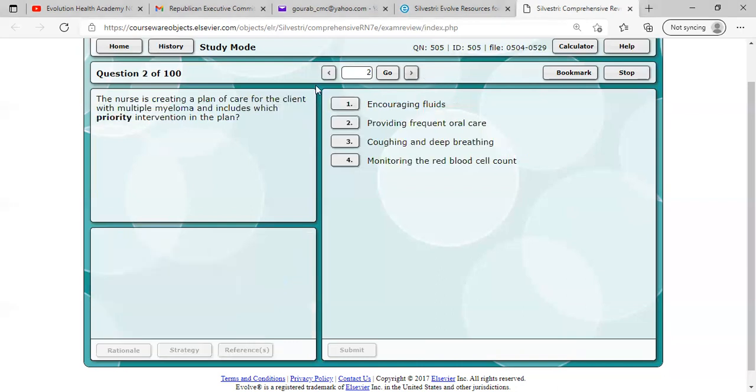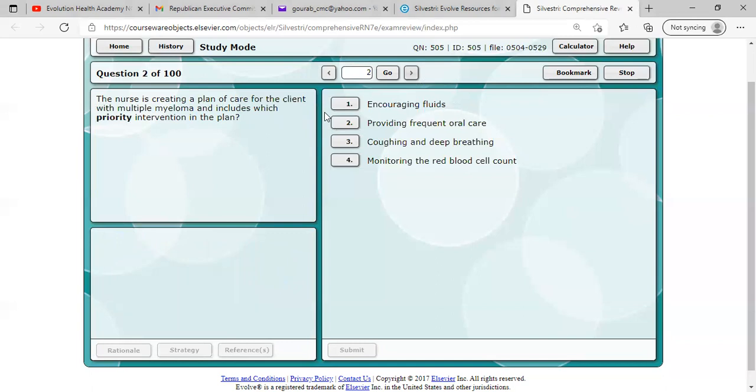Next question: the nurse is creating a plan of care for a client with multiple myeloma and includes which priority intervention in the plan.